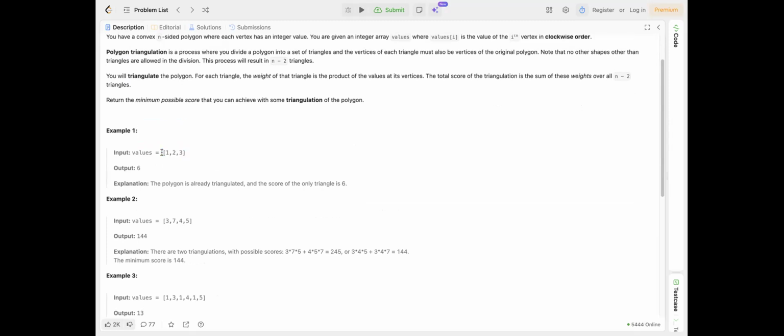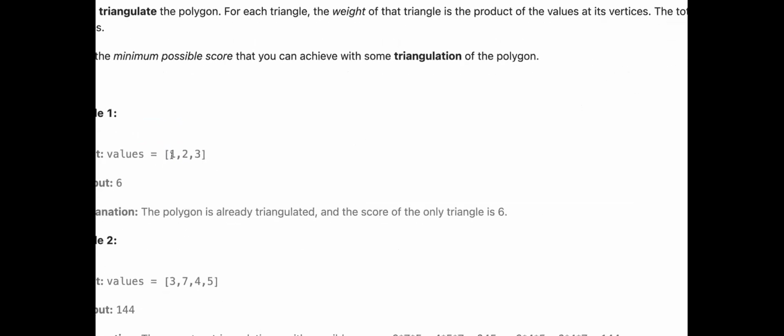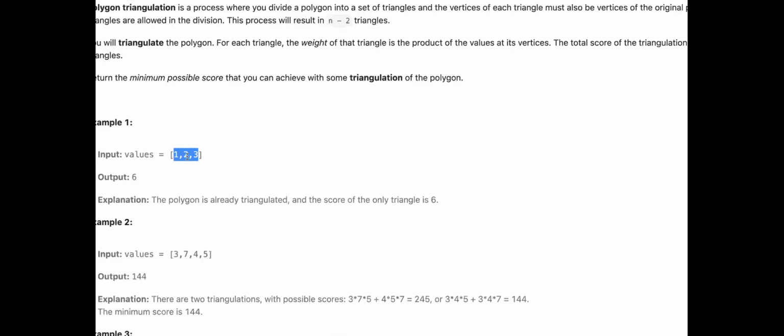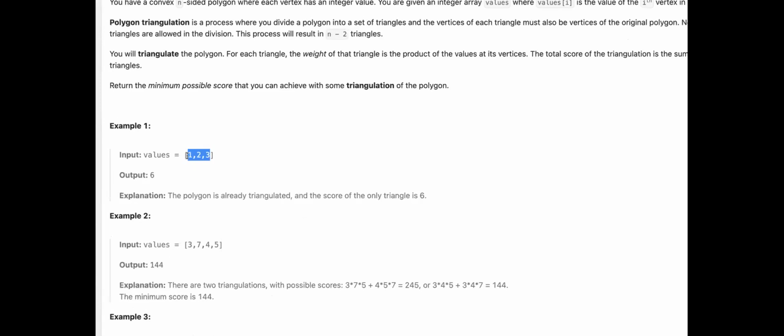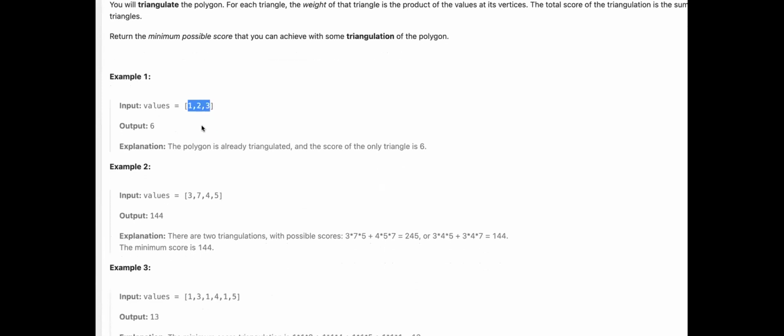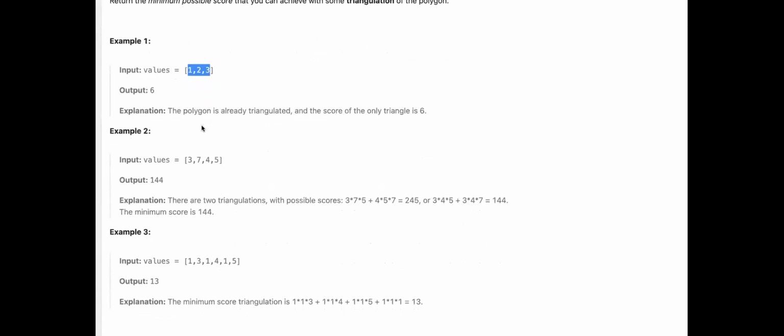How can this be done? It can be 1, 2, 3, or 1, 3, 2. So basically this is a triangle, a polygon of length 3, so we can just create one triangle. Its score will be 3 into 2 into 1, no matter how you permute it.